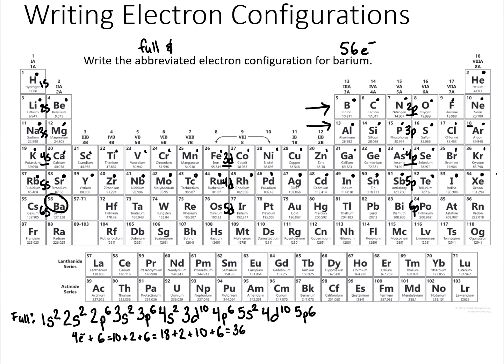How do we complete this configuration? What's the last sublevel that we have to fill? The 6s. 1, 2. That's the full configuration for barium.